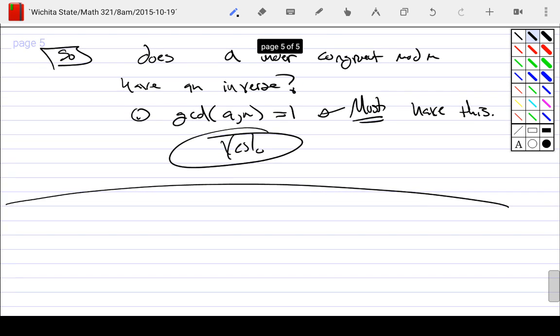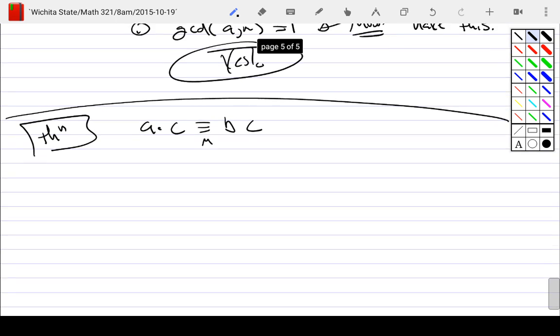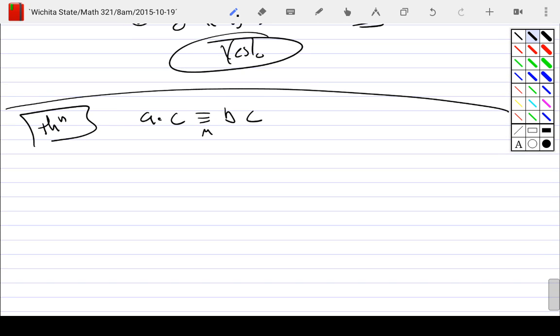And the other thing that comes along with this is the following theorem, which is if P is prime, if A times C is congruent under modulo M to B times C. The whole point of having an inverse was to get rid of C, right? I'd like to be able to remove C so that A is congruent to B. C can only be removed if the GCD of C and M is 1.